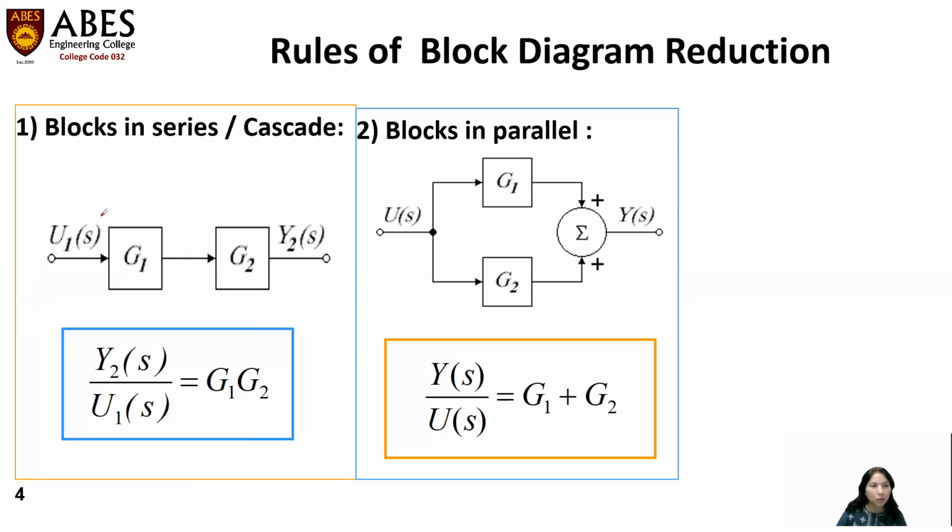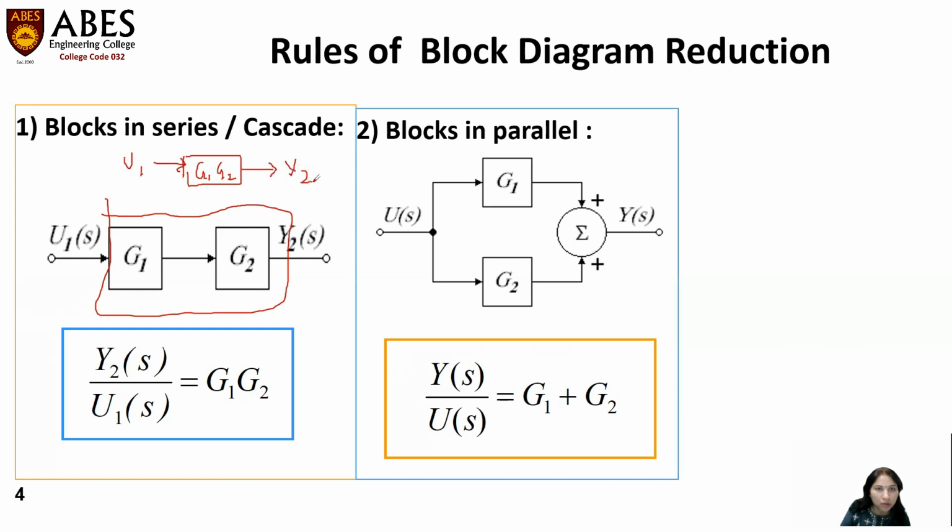I want to convert this whole block into a single block. What will the transfer function be? The transfer function will become G1 G2, where the input is U1 and the output is Y2.